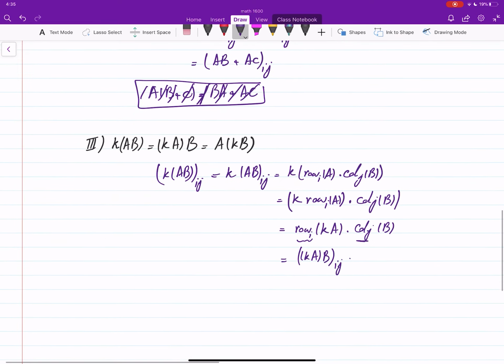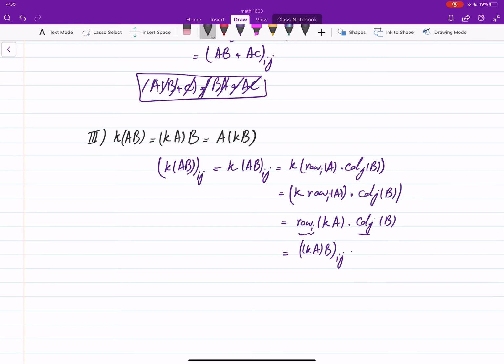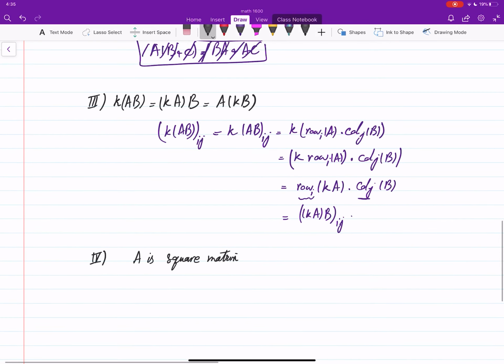And one last thing is that the identity matrix works as 1 for matrix multiplication. So if A is a square matrix, then we have A times I, it is the same thing as I times A. I is the identity matrix.